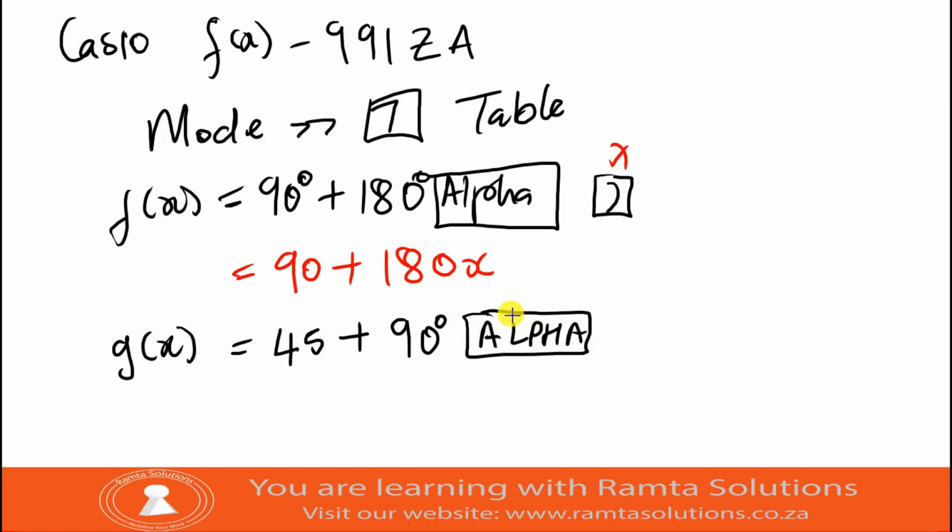Alpha is next to your shift button, and then the close bracket option. On top of it, there's an X. So your calculator will be showing 45 plus 90x.